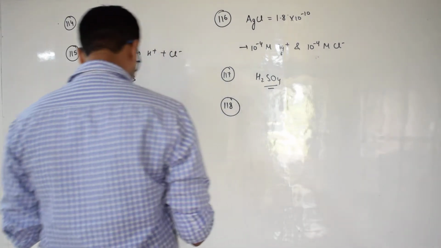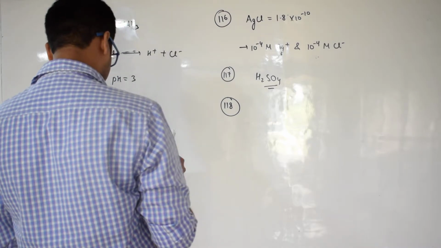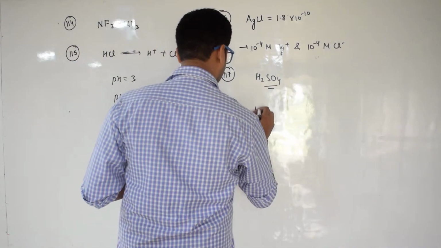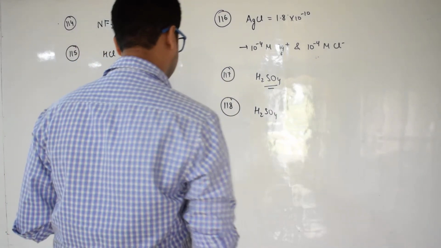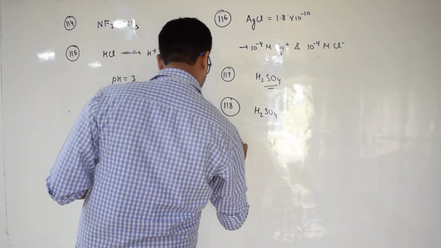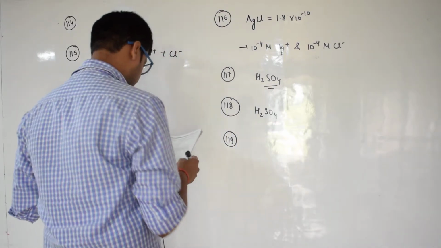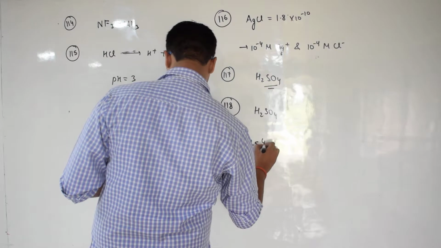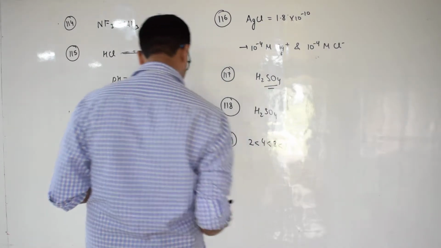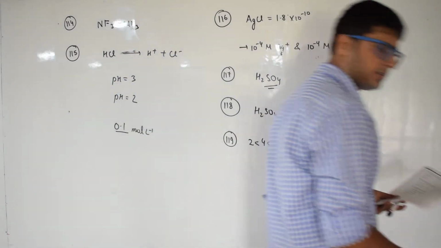Except one, in the rest all gases, K2Cl3 addition gives a precipitate, that is H2SO4. Question number 119. 2 is less than 4 is less than 3 is less than 1. That would be the correct order for the arrangement.